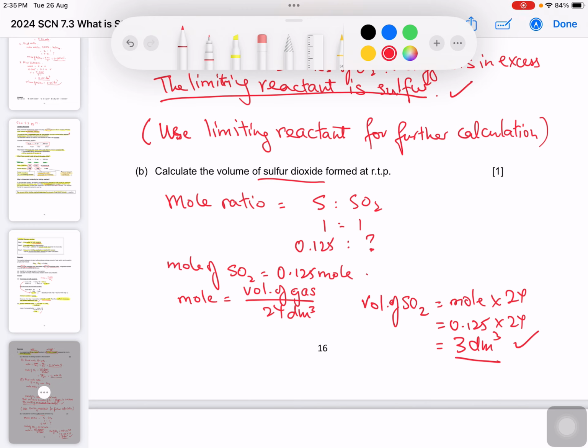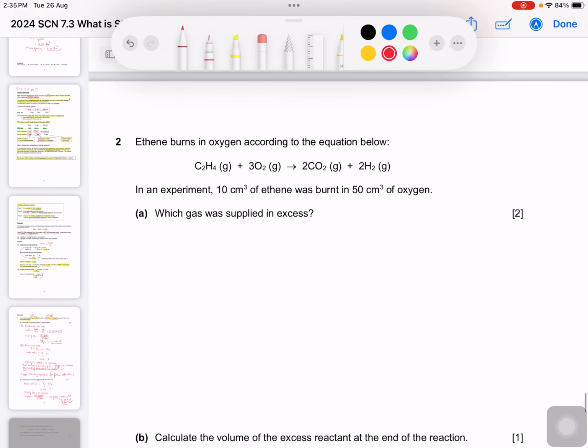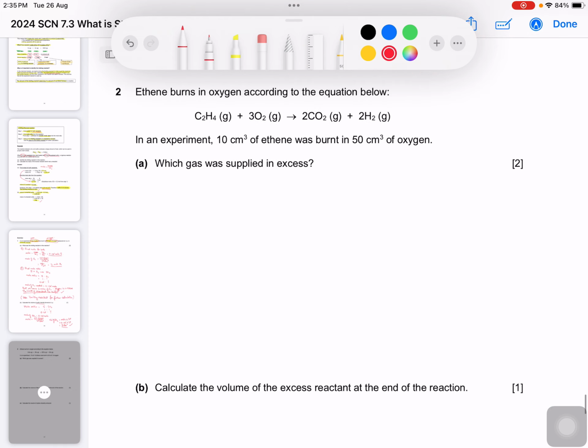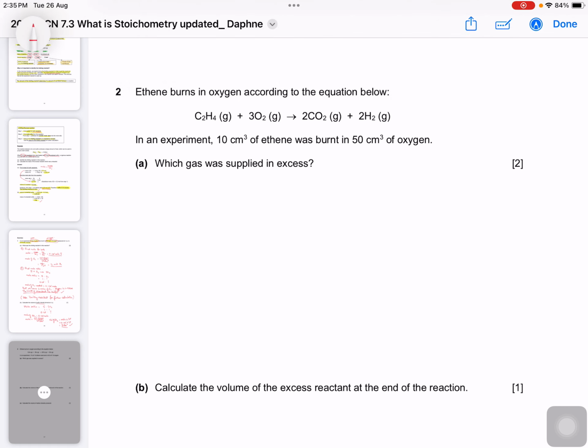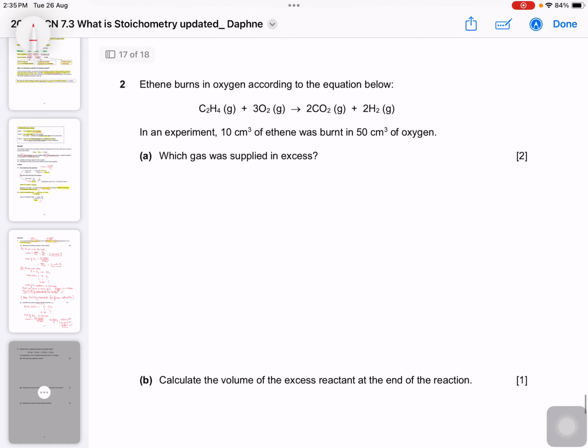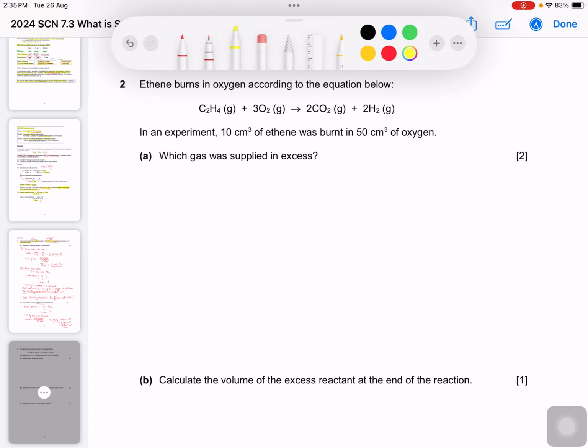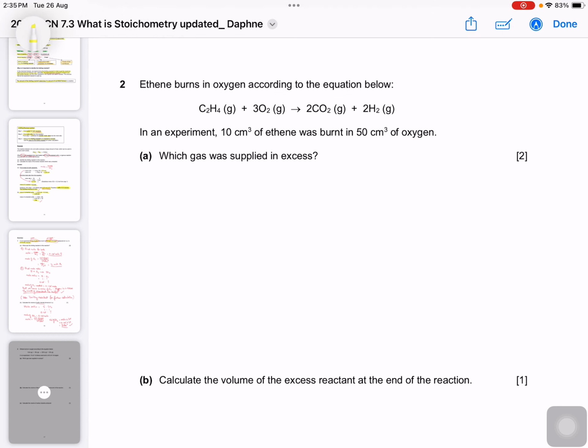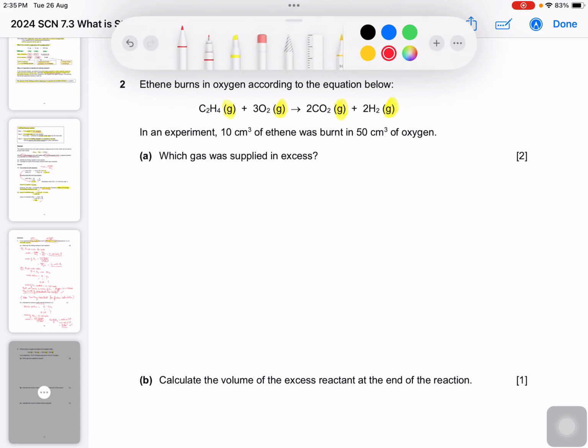Limiting reactant, similar to the previous one. Okay, number 2. Let's look at the question. Ethene burns in oxygen according to the equation given. Straight away take note, they are all gases. Do you still remember the formula that we can use if they are all gases?